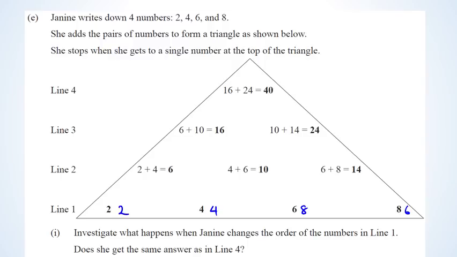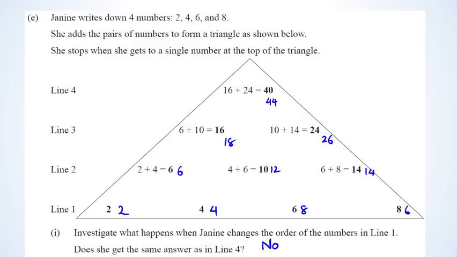So 2 plus 4 is going to give me 6. 4 plus 8 is going to give me 12. 6 plus 8 is going to give me 14. 14 plus 12 is 26. 12 plus 6 is 18. 26 plus 18 is 44. So that was one investigation. And basically I can actually say, after doing one investigation, no, she does not get the same answer.